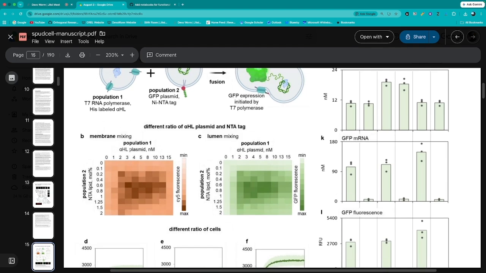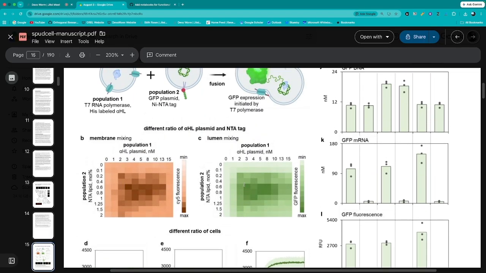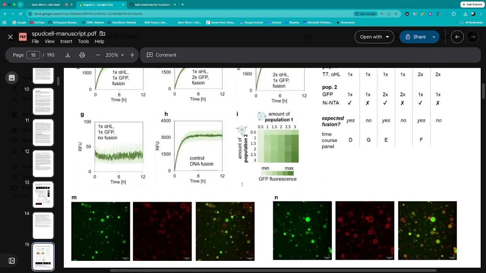This shows membrane mixing, so you have population 1 versus population 2. This just shows the fluorescent signals, GFP and cytochrome 5, so you have these different intensities here. Actually, the ratios of the plasmid and tag.